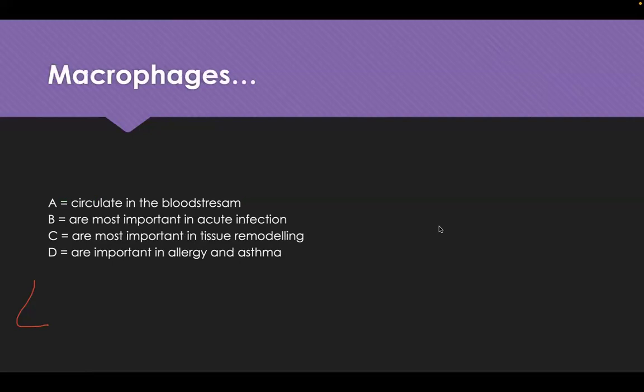So macrophages. What's our fact about macrophages? Do they circulate in the bloodstream? Are they most important in acute infection? Are they most important in tissue remodeling? Or are they important in allergy and asthma?